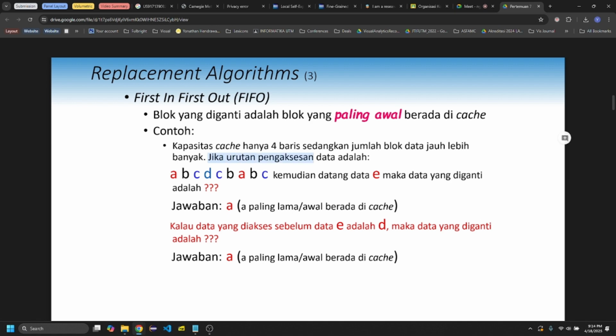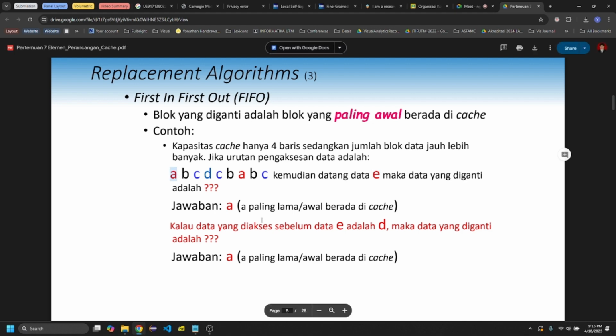If the access sequence is A, B, C, D, C, B, A, B, C, and then comes the new data E, which one is replaced? If we use FIFO, then the first one replaced is A. Why A?